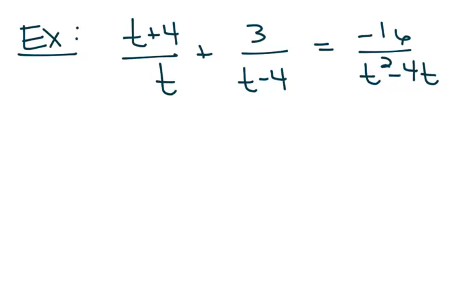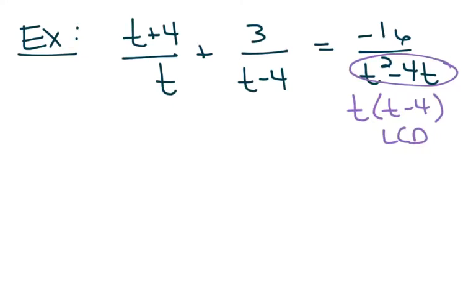So in this problem, remember, we're going to start by factoring any of the denominators that can be factored. This can be factored into t minus 4. So the least common denominator is going to be t minus 4. Now I'm going to start to skip some steps. The first fraction is missing a t minus 4.